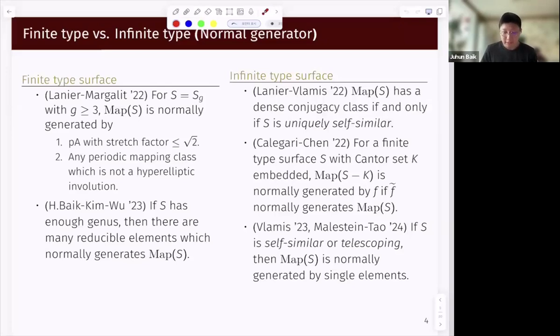If this f tilde is a normal generator, then it will give a normal generator of the infinite type surface. Also Vlamis, and independently Malestein and Tao, proved that if S is self-similar or telescoping, then the mapping class group is normally generated by a single element or some nice involution. This is somewhat analogous to the Lanier–Margalit theorem: if you can find nice periodic elements, then you can normally generate the whole group.